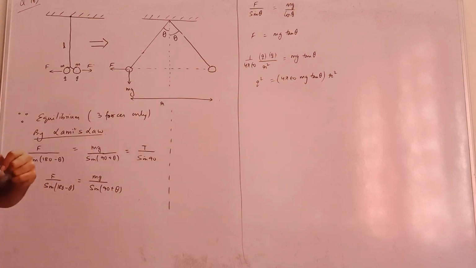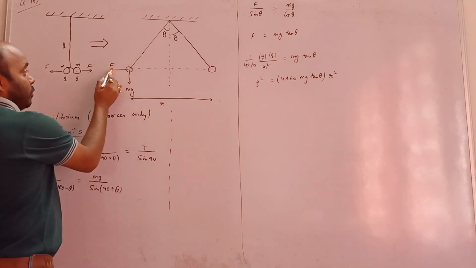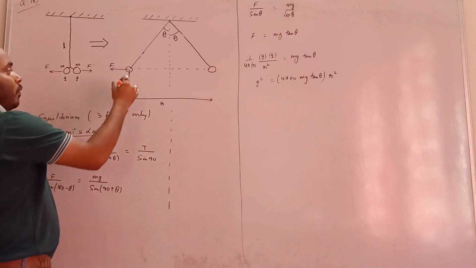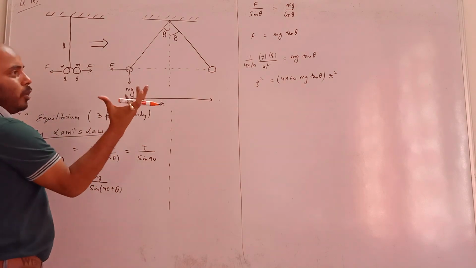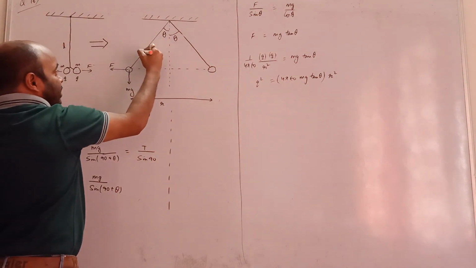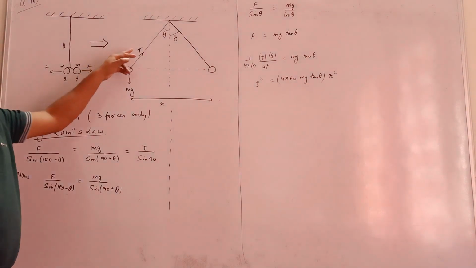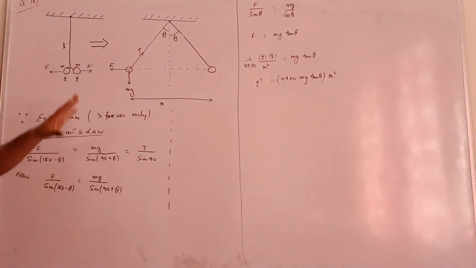Let's see how many forces are acting on this small ball. One is the repulsive force, which is acting at this position. One is mg, fundamental, since the body has some mass. Next, since it's a thread, there is some tension also, which is acting in this direction. Now there are three forces acting on this ball and it is in equilibrium.